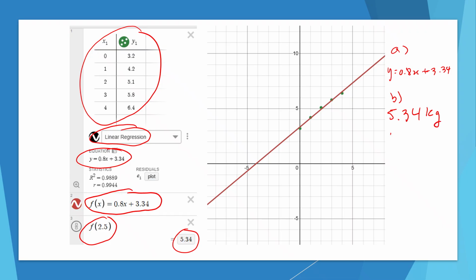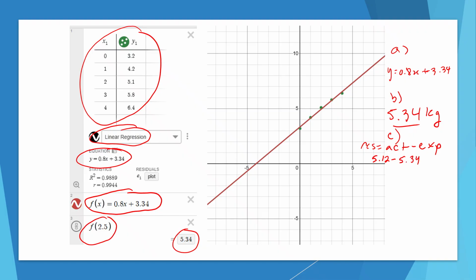For part C, we are given that the actual weight of the baby was 5.12 kilograms. What is the residual for this weight? So remember, residual is actual minus expected. Our actual weight was 5.12 minus our expected, which was 5.34.